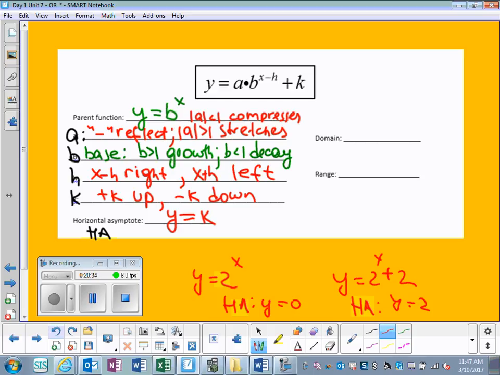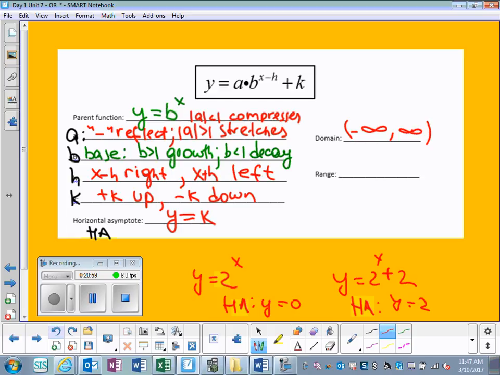So the domain is negative infinity to infinity for all these functions, because there are no restrictions on x. I can always calculate that exponent.